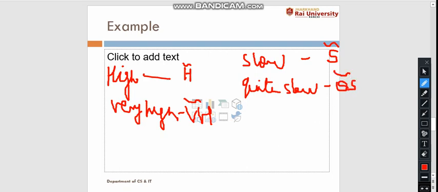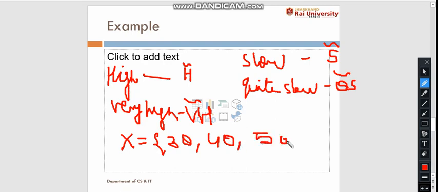Now let's see the question. The value for x is given as 30, 40, 50, 60, 70, 80, 90 and 100.